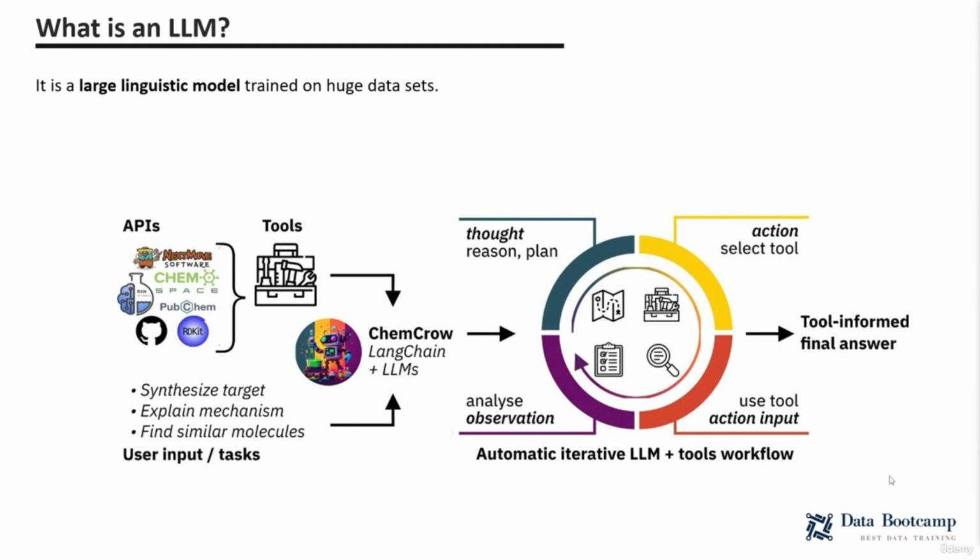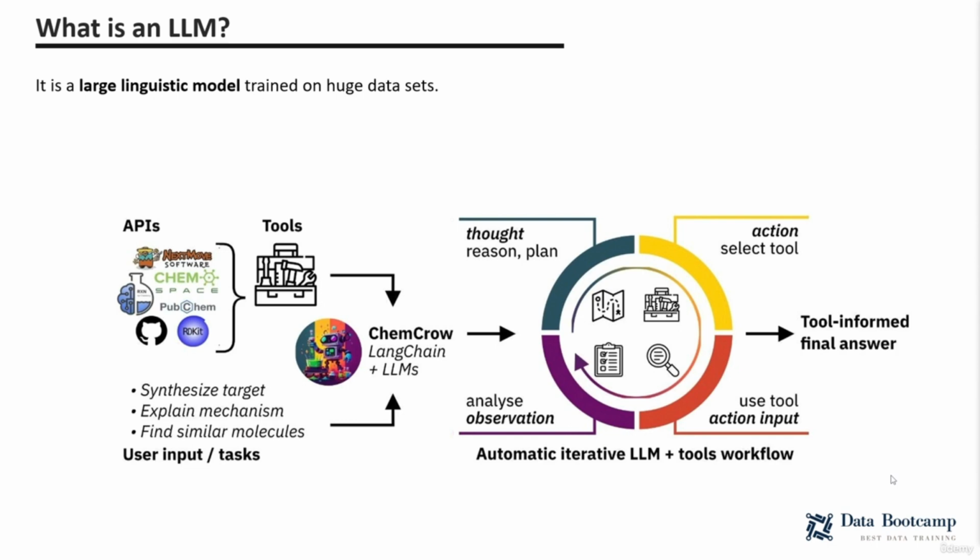For instance, we have ChemCrow, a large language model based on ChatGPT that utilizes additional language models and tools like LangChain. This model is trained with databases related to chemistry and can answer specific questions regarding the development of certain chemical compounds, methods of obtaining molecules with specific characteristics, and more.